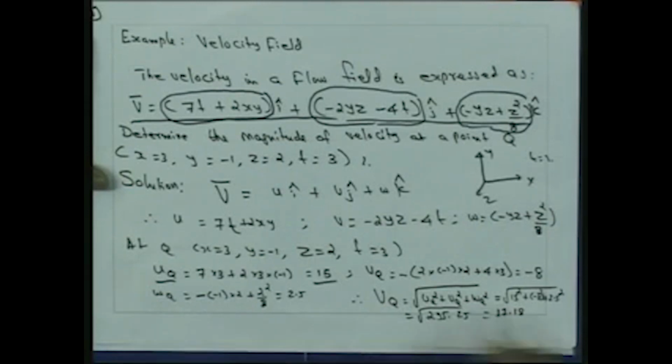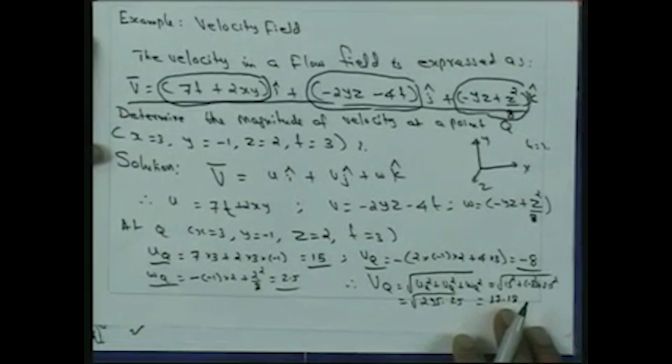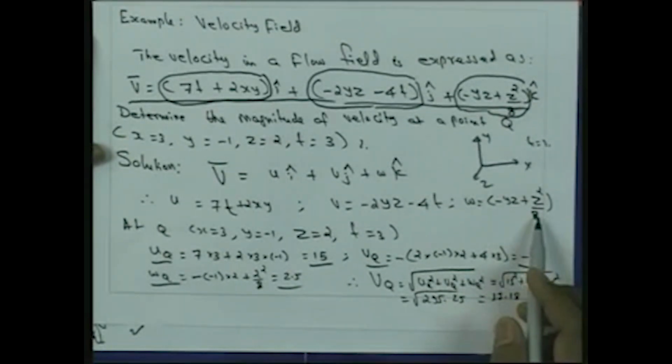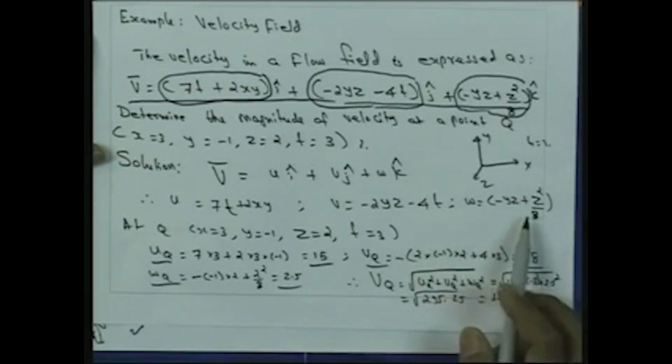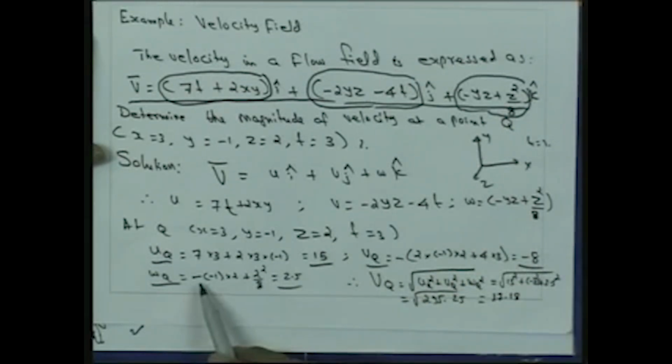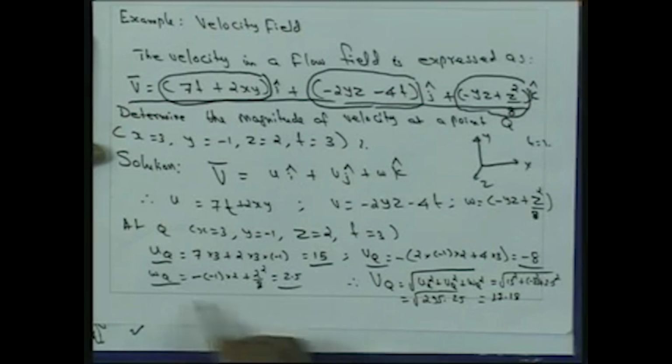Similarly, we can determine wq. wq is given as minus yz plus z square by 8. If we substitute for y and z, y is minus 1, so minus of minus 1 into 2, plus 2 square by 8, which gives the value of 2.5.